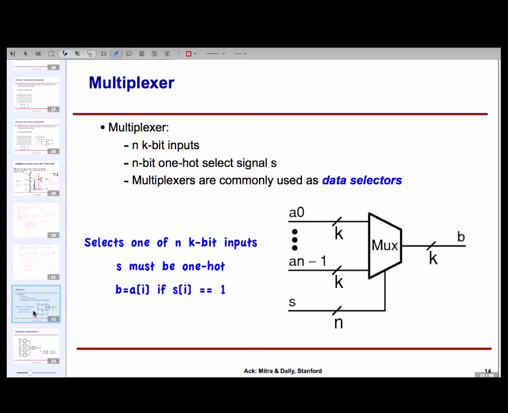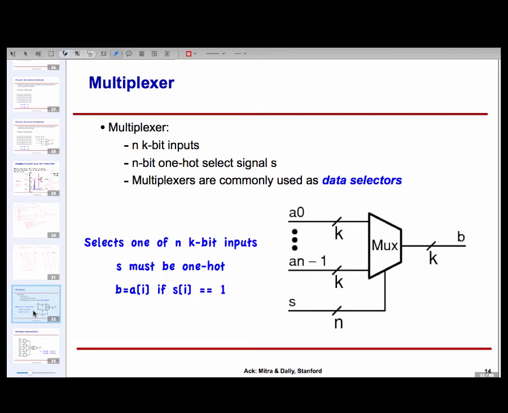So a multiplexer block has two types of inputs and, of course, an output. It has a bunch of k-bit inputs. This is where our information is coming in. I have n sources, A0 through An minus 1. Each one of them is providing k-bit information. At the output, my output B is also k-bit.